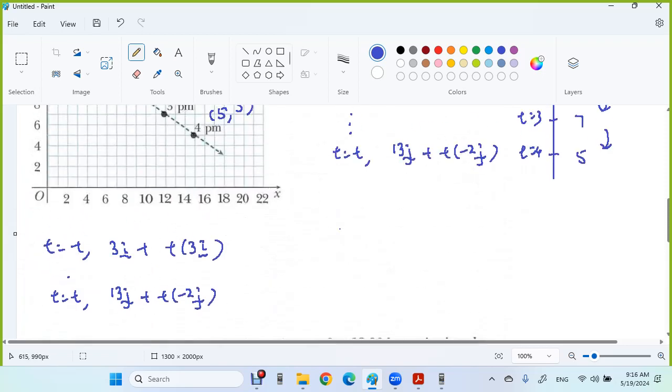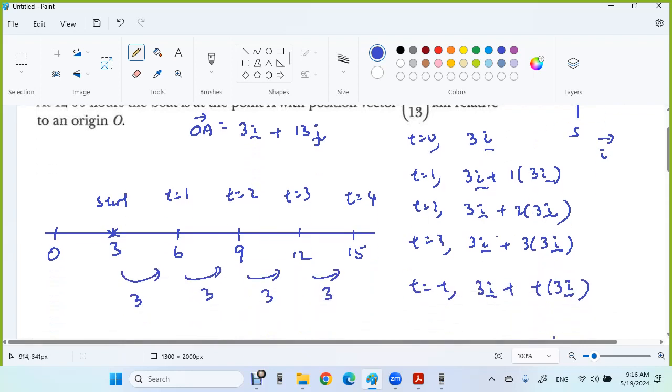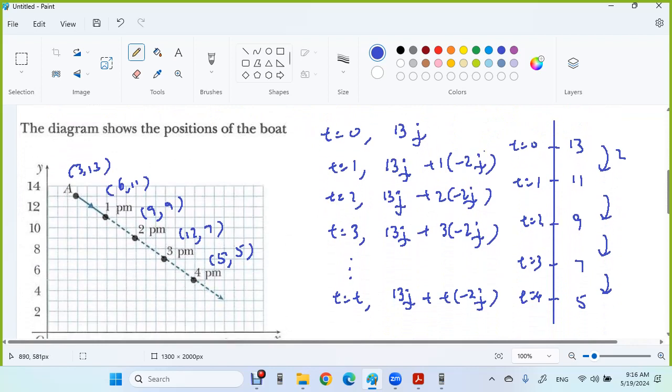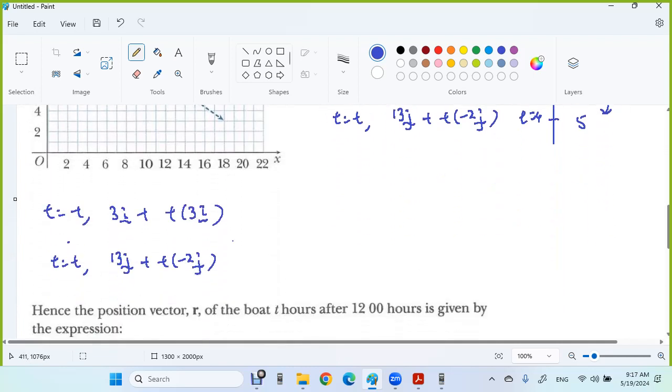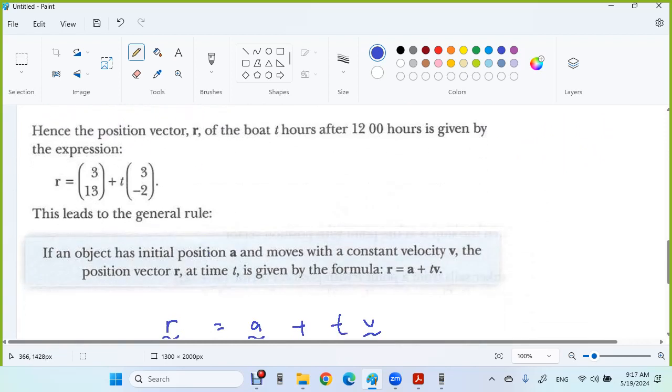Let's repeat: the initial position is 3i, and every hour it moves 3i, so we have 3i plus t times 3i as the x part. Initially 13j, and then minus 2j every hour, so 13j plus t times minus 2j. So this will be the position vector.